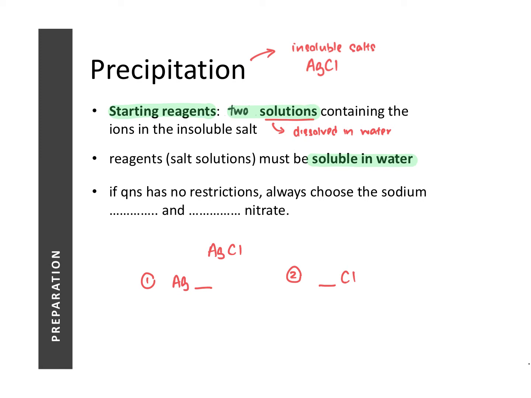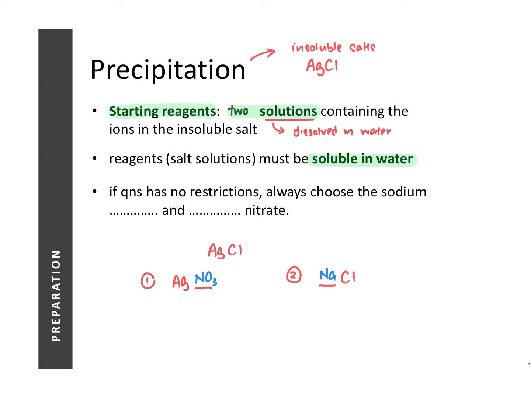So if I ask you to think of a silver salt that is definitely soluble in water, what would it be? It would be silver nitrate. Why? Because all nitrates are soluble in water. If I were to ask you to think of a chloride salt that is definitely soluble in water, which one would you think? I think the most convenient one would be sodium chloride, because all sodium salts are soluble in water.